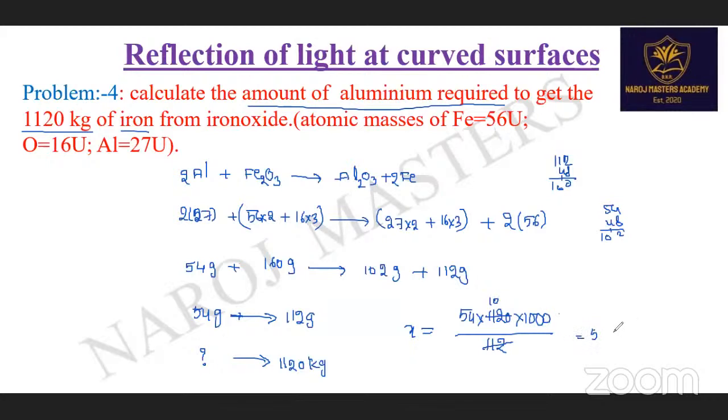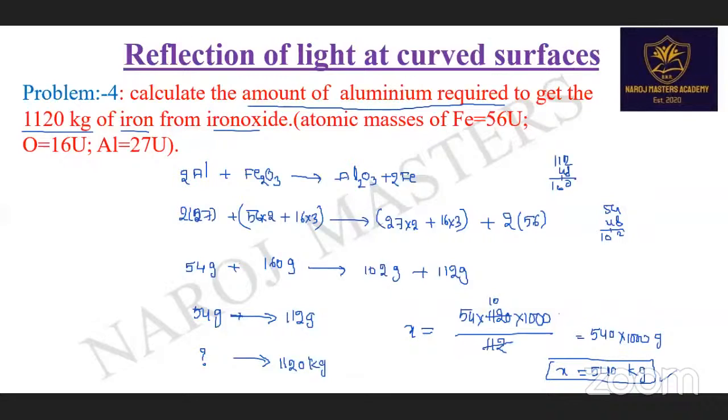So this is 540 into 1000 grams, that is equal to 540 kg. X is equal to 540 kg. So 540 kg of aluminium is required to get 1120 kg of iron from iron oxide.